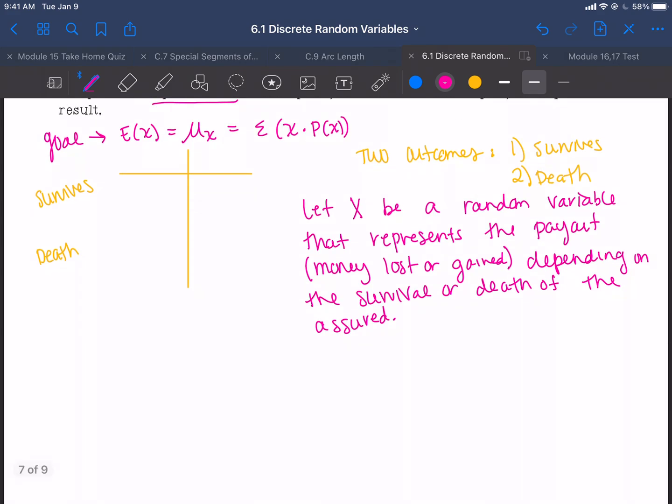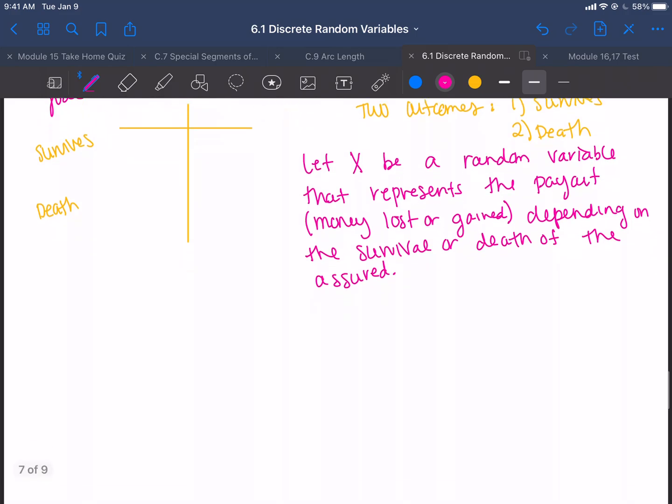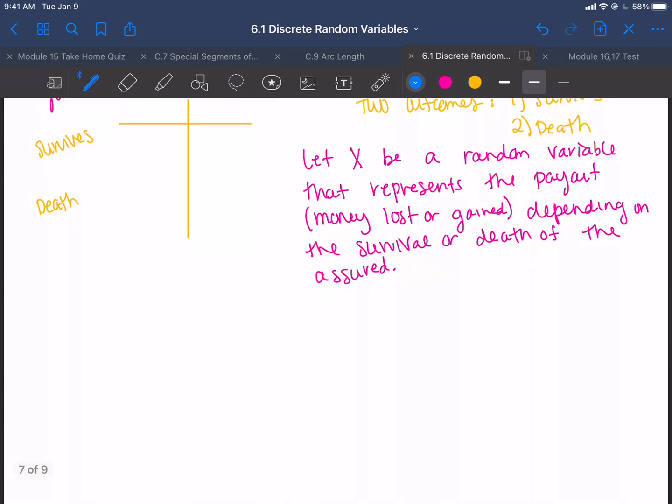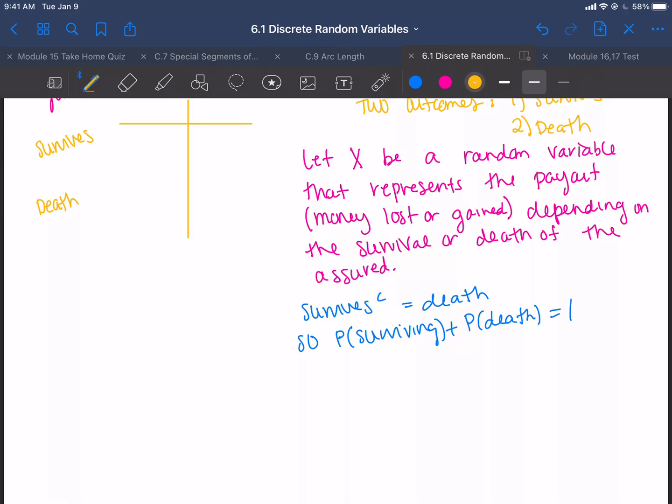Okay, so we know that the probability that there's death is just the complement of the probability that the male survives. So the complement that someone survives would mean that there is death. So that means the probability of surviving plus the probability of there being death has to equal 1.